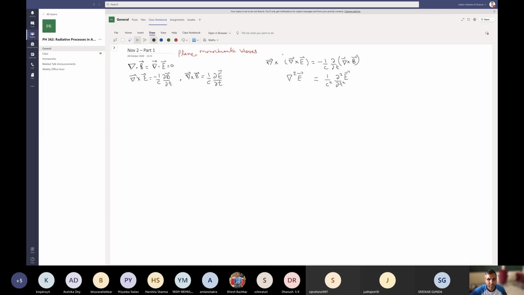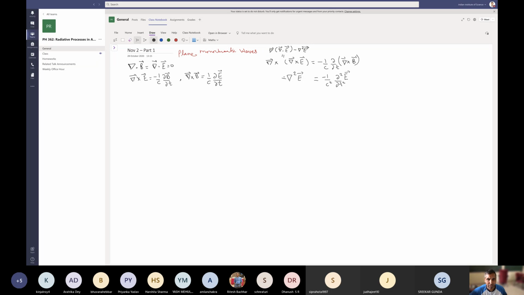Del cross del cross E, from the vector identity, is equal to gradient of del dot E minus del squared E. So we get minus del squared E here, and there is a minus sign here too. So del cross B, yes.